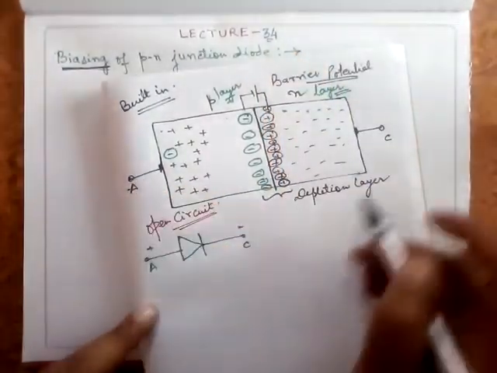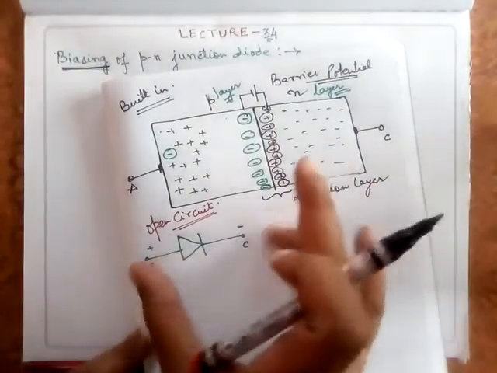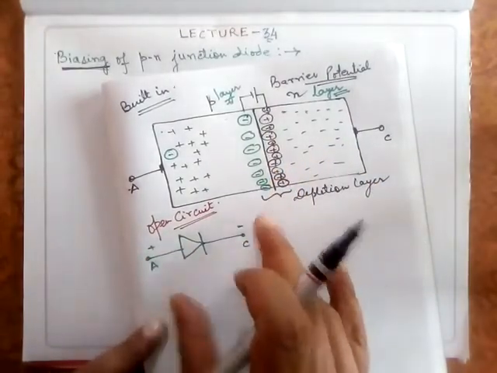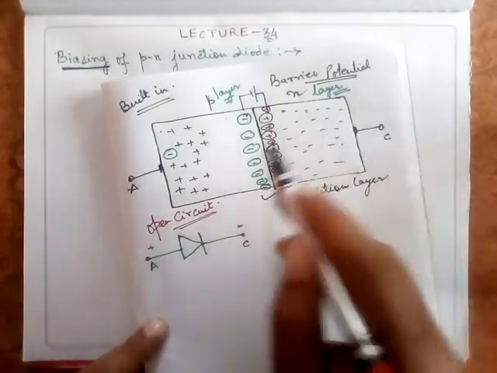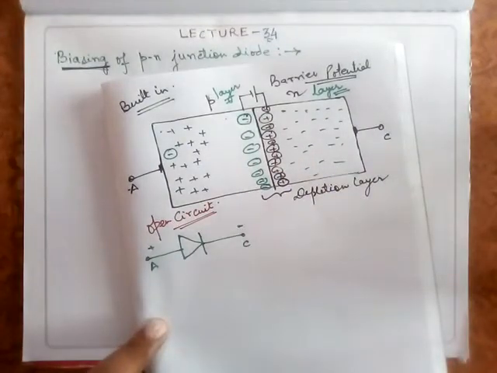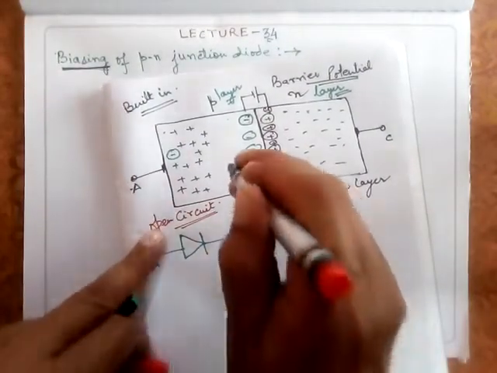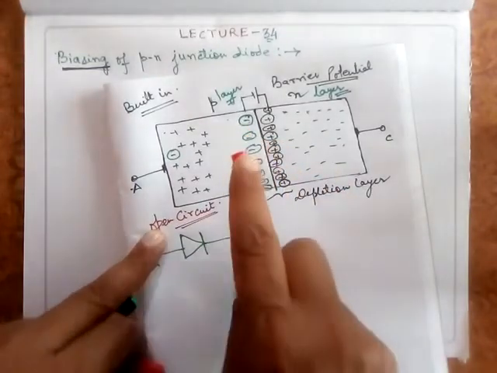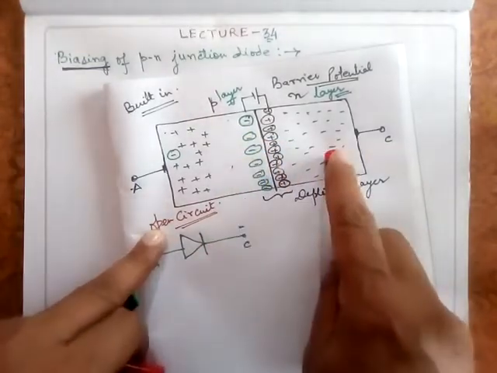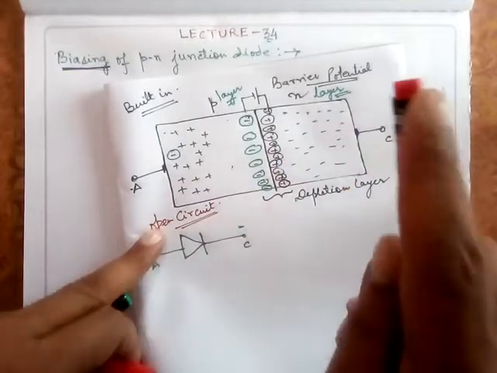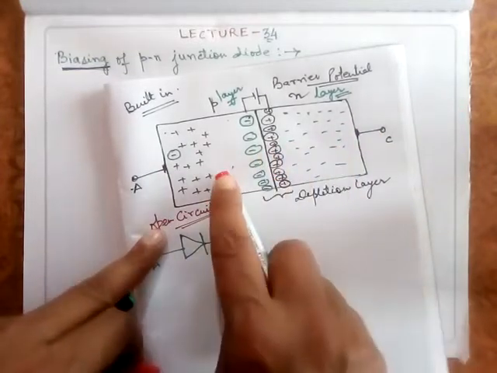Now if I want to close this with the help of a battery, a battery will have a positive terminal and a negative terminal, which means some amount of potential is applied to the anode, and some amount of potential is applied to the cathode.